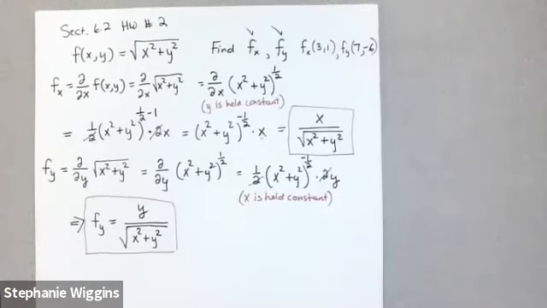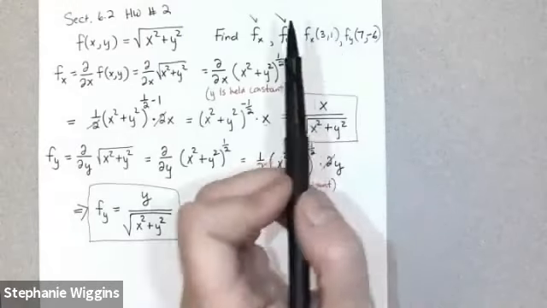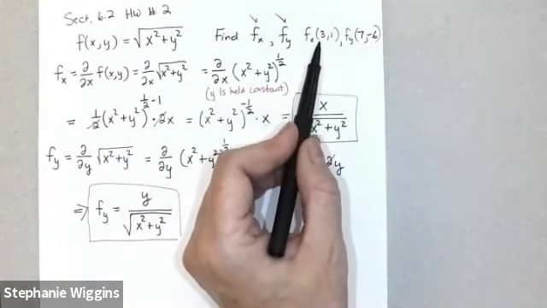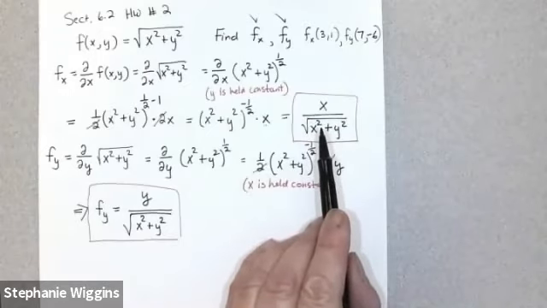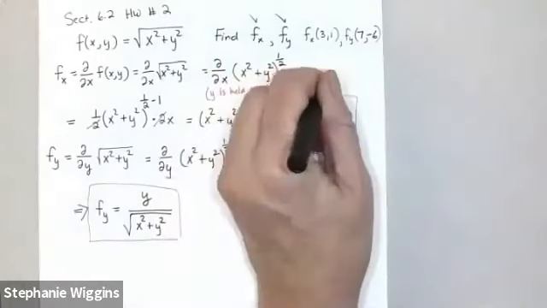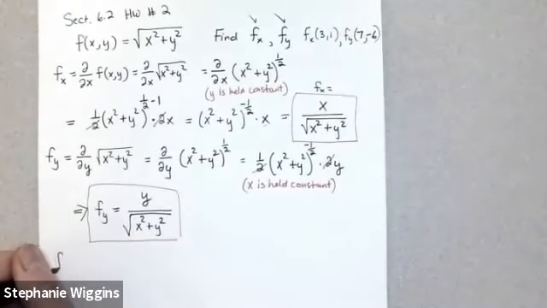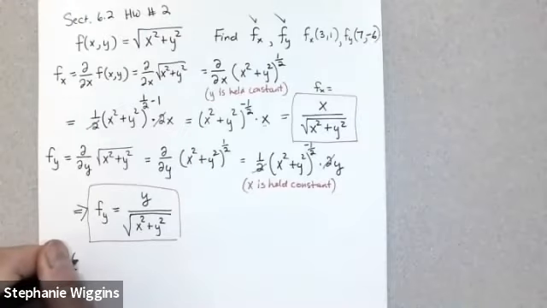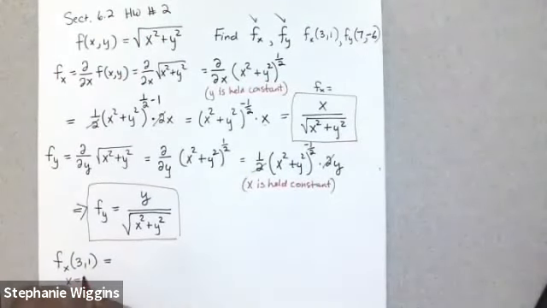Okay, and now I want to find Fx of 3, 1. Well, 3 is our x, 1 is our y, so we're just going to take those values and substitute them into this function, right? This is my Fx. So, Fx of 3, 1, I'm just going to write a note down here. x is equal to 3, y is equal to 1.